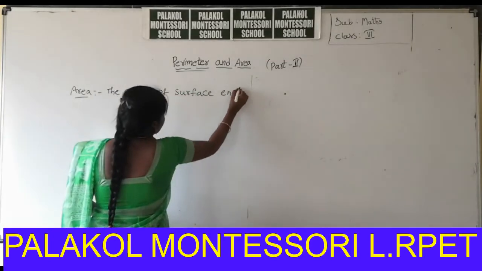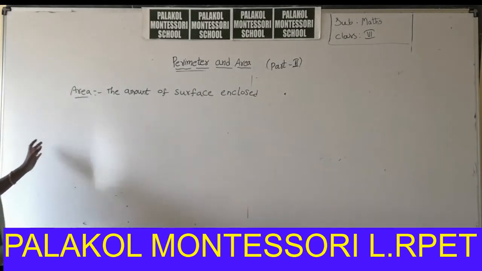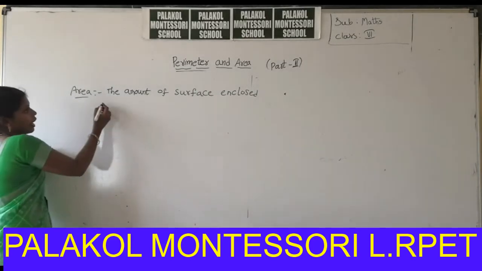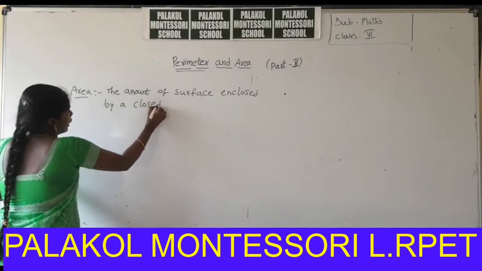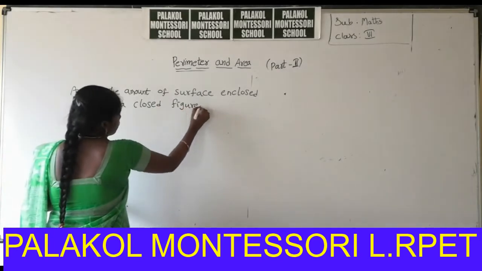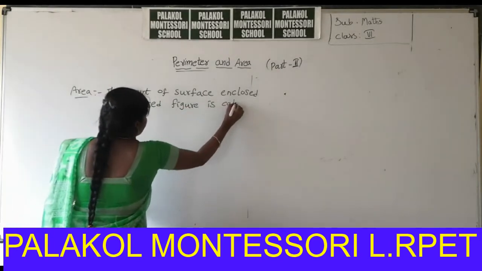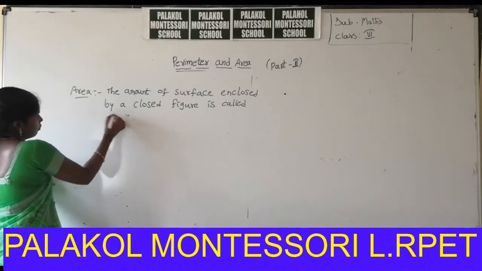The amount of surface enclosed by a closed figure is called area. So students, perimeter and area are very easy.